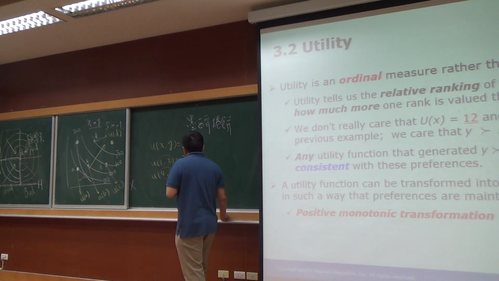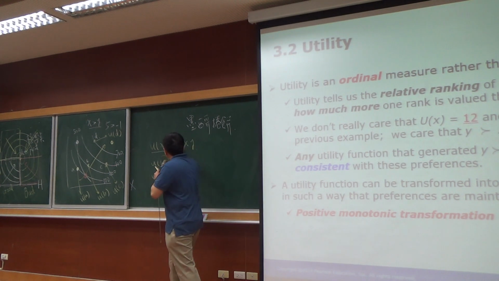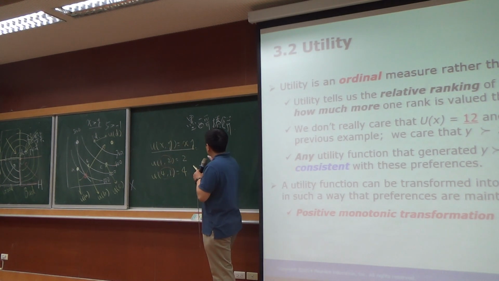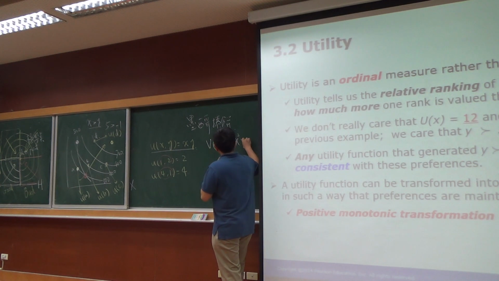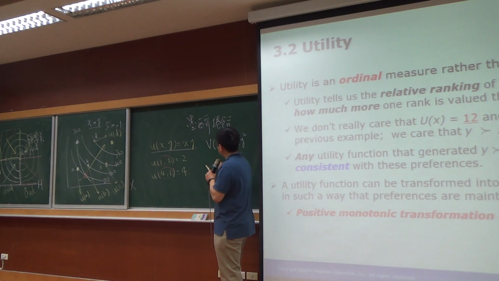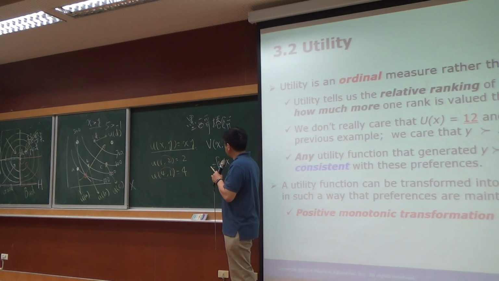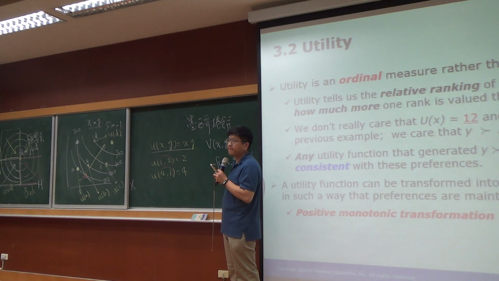Like if we have a utility function look like this, we may actually have another one, V equals x squared y squared, which is the square of u of x and y.